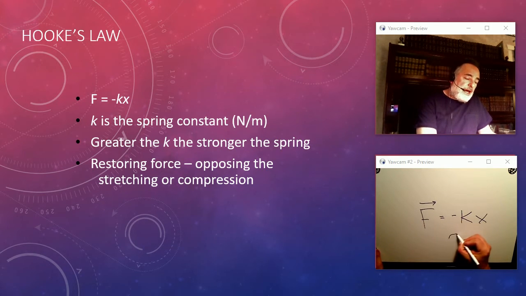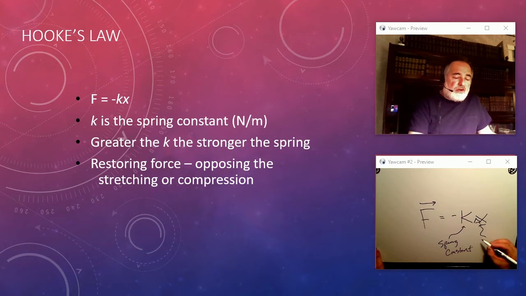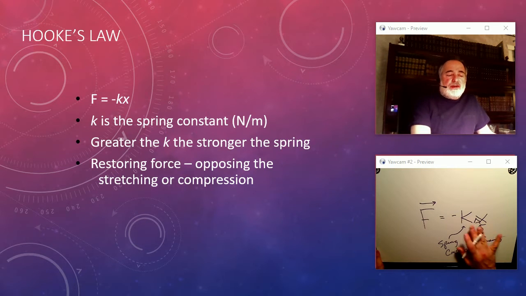Well, K is the spring constant, and X, sometimes change of X, is the distance that you will be compressing or decompressing a spring. So the greater that K value is, the stronger the spring.